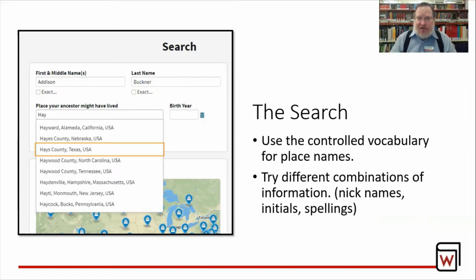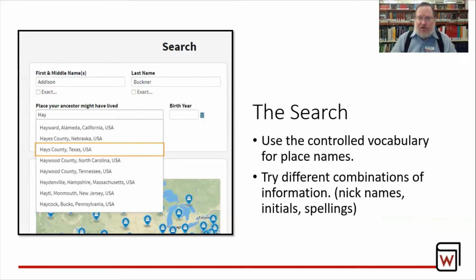For this military record of World War II, I put in Hays County. Now, when I started typing in Hay, it pulled up this controlled vocabulary. You'll find that common in most of the genealogy databases. It's a way to help you connect with records that have been identified with that controlled vocabulary.